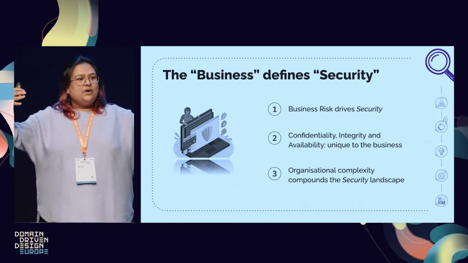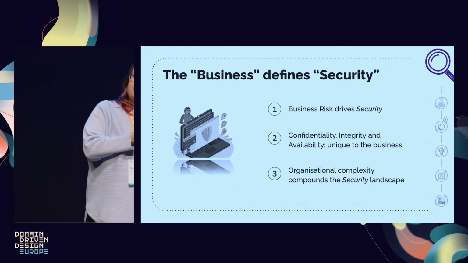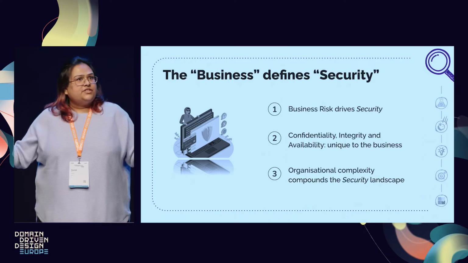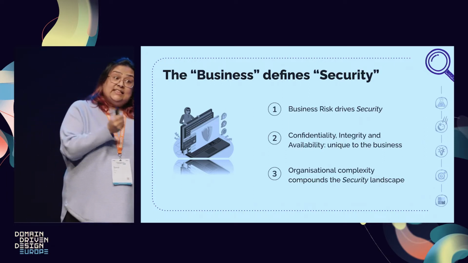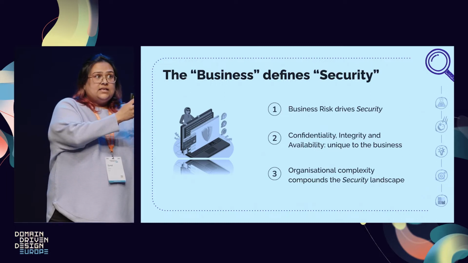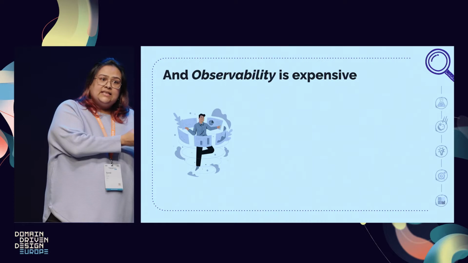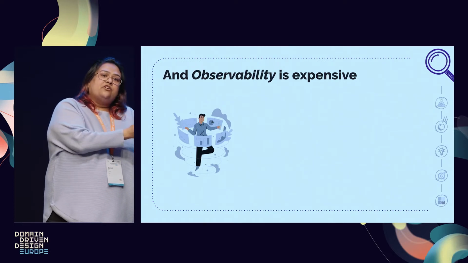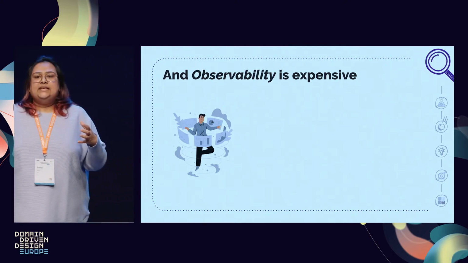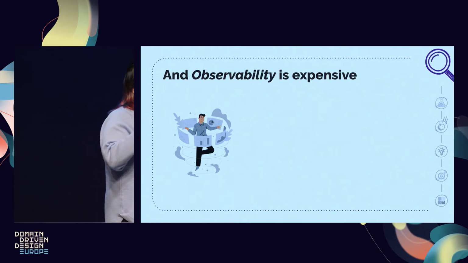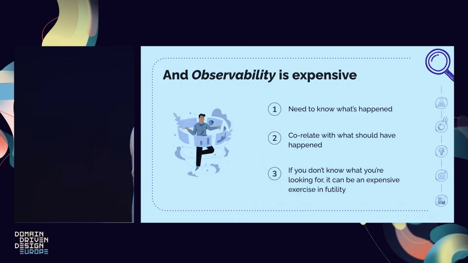For those of you who are familiar with the principles of confidentiality, integrity, and availability that underpin a lot of security discussions, these principles are relevant, again, in the context of the business. And really, what is confidentiality, or what is integrity or availability for that business, for their customers, and for the data they're handling?